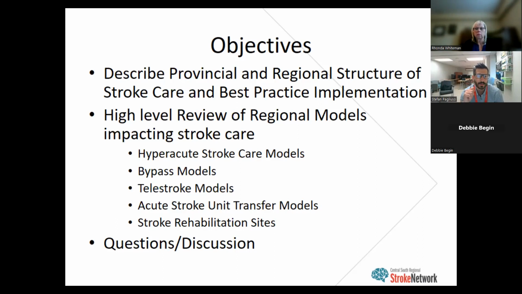We'll be looking at our hyperacute stroke care models, our bypass models, the utilization of telestroke within our region, acute stroke unit transfer models and how we access acute stroke unit care within our region, and then stroke rehabilitation sites, knowing where they are within our region and how we're utilizing them. And then we'll have some time for questions and discussion before we jump into the next section of the morning.